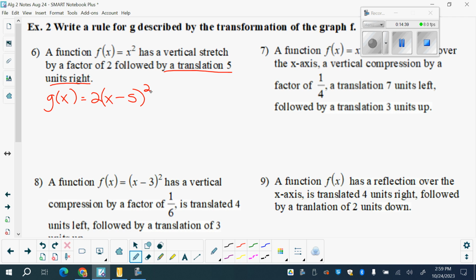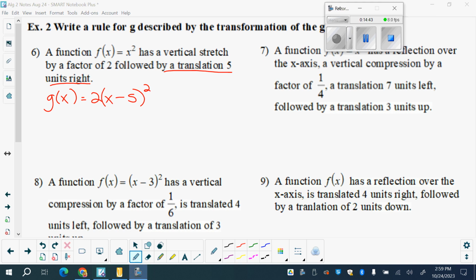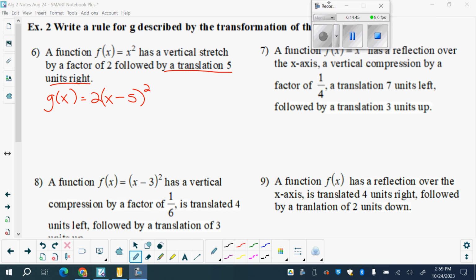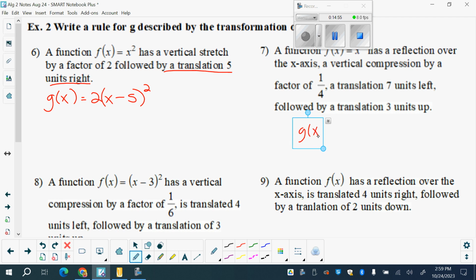So number 7, a function f of x equals x squared has a reflection over the x-axis, a vertical compression by a factor of 1/4, translation 7 units left, followed by translation 3 units up.